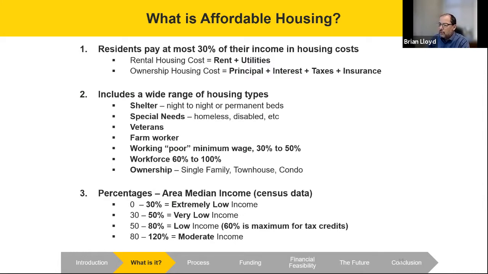You'll see the note there that says 60% maximum for tax credits. You'll hear me talk later about tax credits, and the maximum eligible income limit for the tax credit program is 60. So most of the housing that is produced with tax credits is at or below 60% of area median income.